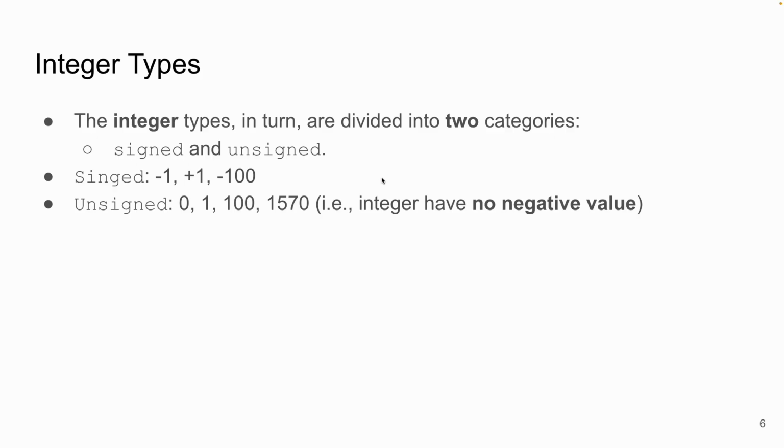The major difference between signed and unsigned is that we can have negative values for signed numbers, but not for unsigned numbers. Because to represent a negative value, we need to put the minus sign in front of the number, right? For the unsigned number, we don't have the minus sign, so there's no negative value.